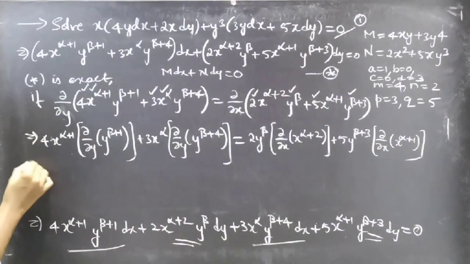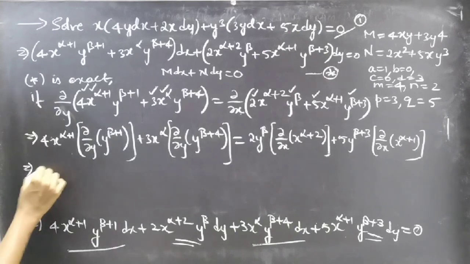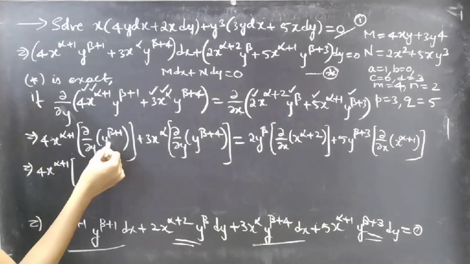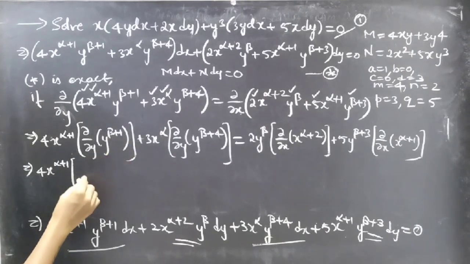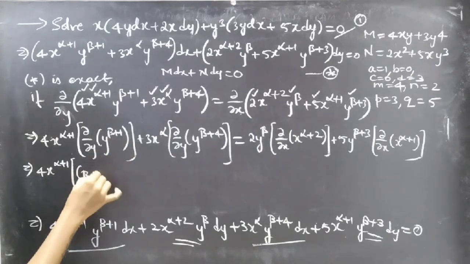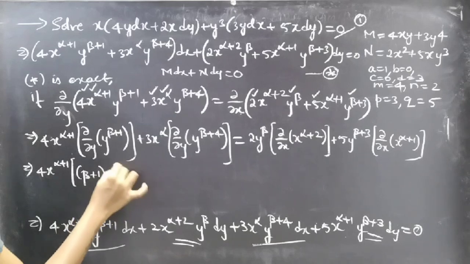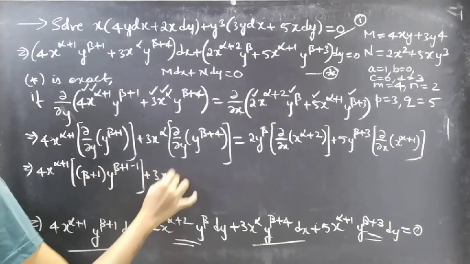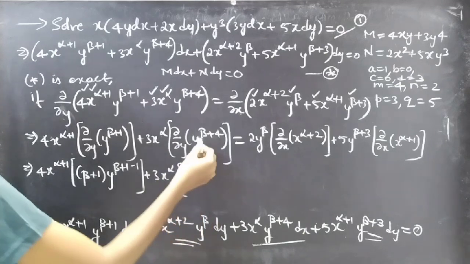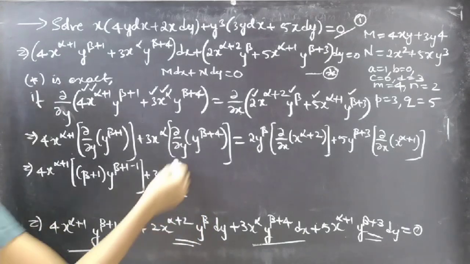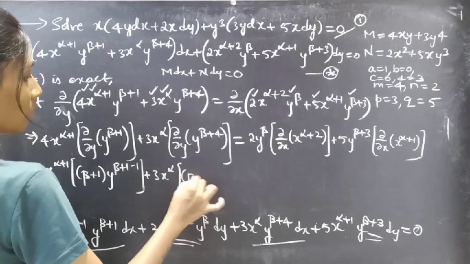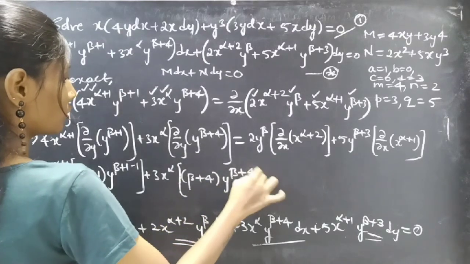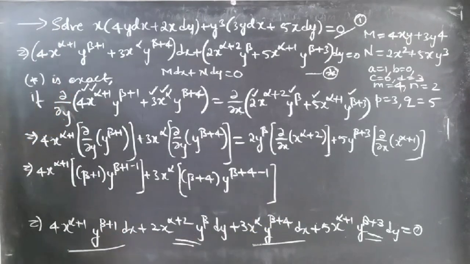This gives us 4x^(α+1) into partial derivative of y^(β+1) with respect to y is (β+1) into y^(β+1-1) plus 3x^α into partial derivative of y^(β+4) with respect to y is (β+4) into y^(β+4-1).